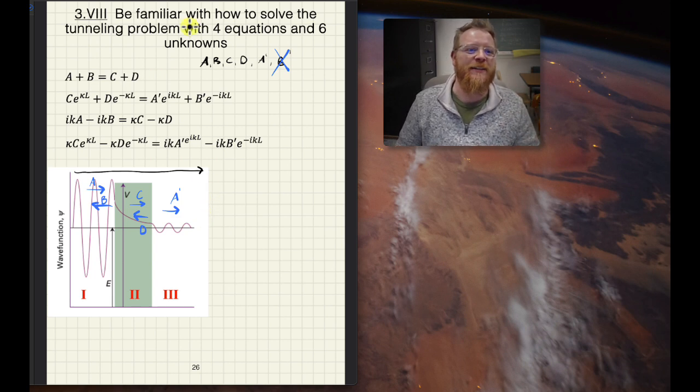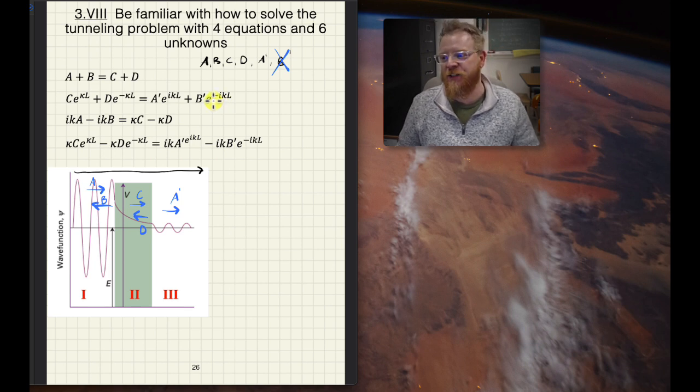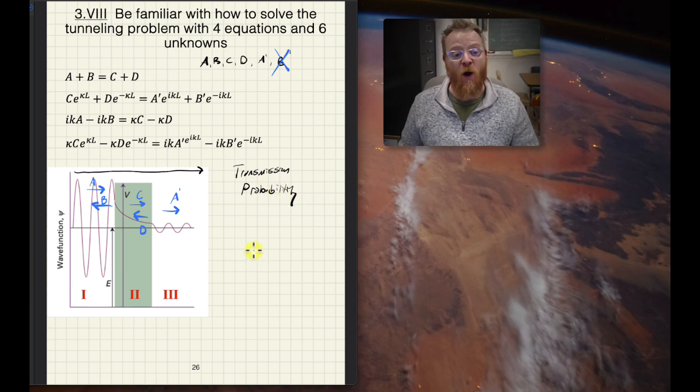So we either need to get rid of one of those unknowns somehow or add an additional equation. Well, as it turns out, we can add a 5th equation, and that has to do with the transmission probability. Okay, so let's write that down. Transmission probability, and that is based on the amplitudes of region 3 over region 1.